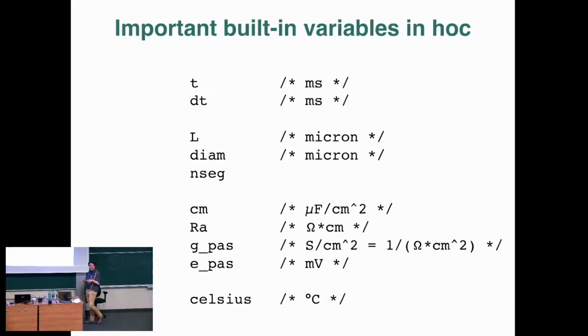And if we have the mechanism pass inserted, we have these things called g_pass and e_pass, which are membrane conductance. So you can think of it as conductance per square centimeter or 1 over resistance times square centimeter. This is more intuitive, right? So how many channels in a certain little piece of membrane for a certain area.